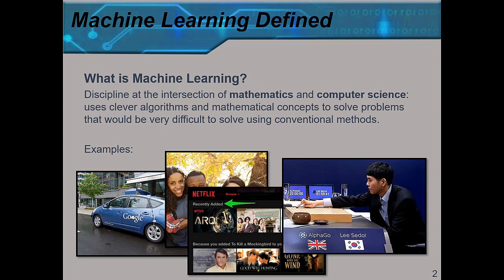This happened back, I believe, about 3 years ago. And at the time, everyone said that the game of Go was much too complicated for a computer to be able to handle and beat someone who was at the Grandmaster level. Turns out they were wrong.